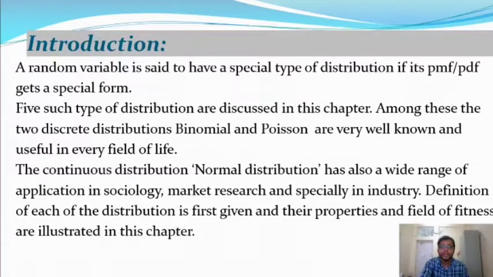A random variable is said to have a special type of distribution if its probability mass function or probability density function takes a special form. There are 5 or 6 such types of distributions discussed in this chapter.